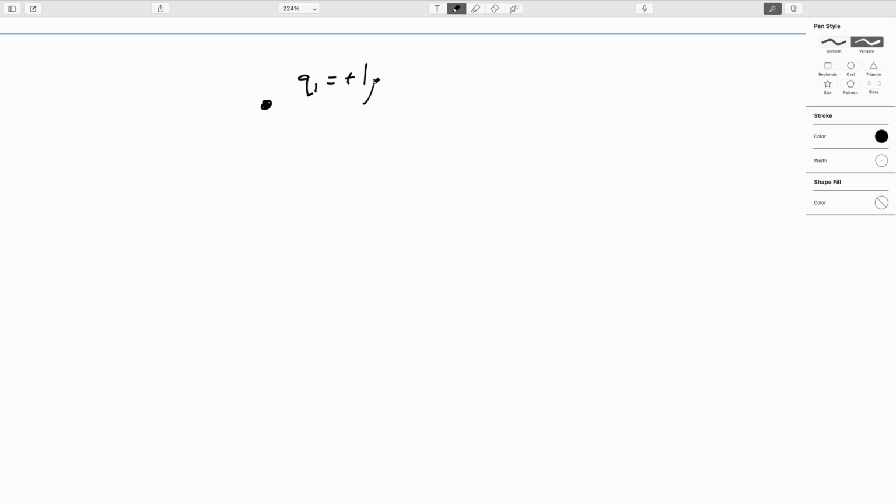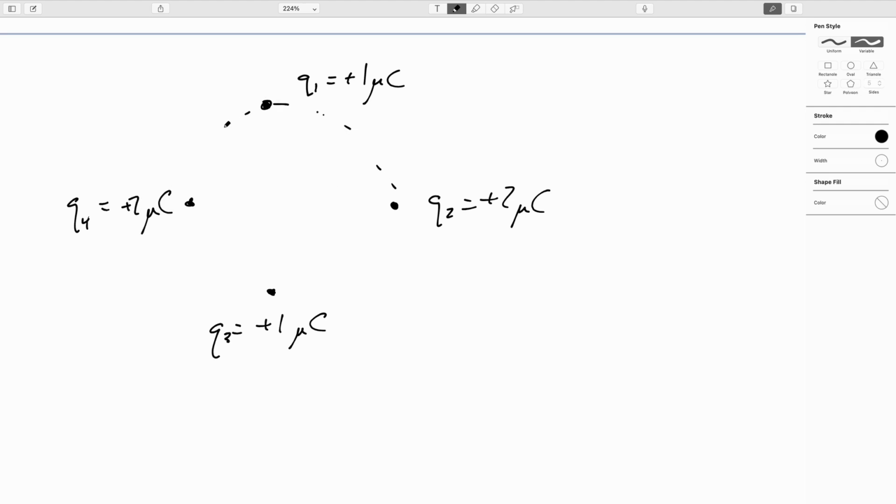We'll have plus 1 microcoulomb here, plus 2 microcoulombs here, plus 1 microcoulomb here, and finally Q4 over here at plus 2 microcoulombs. Let's say the whole shooting match is sitting on a circle with a radius of 1 millimeter.